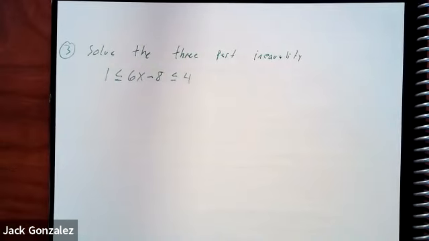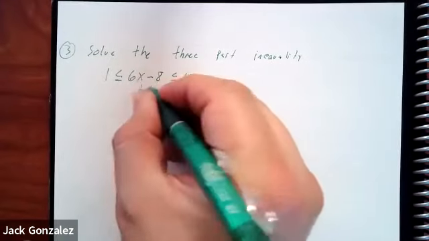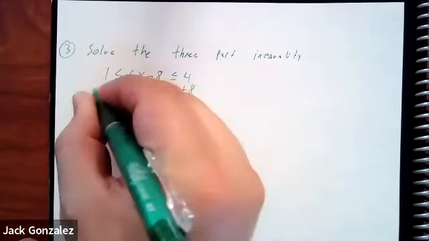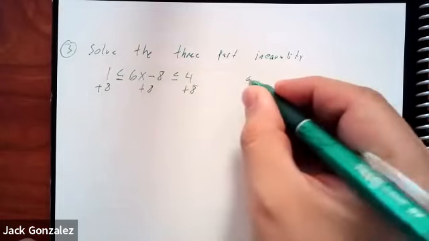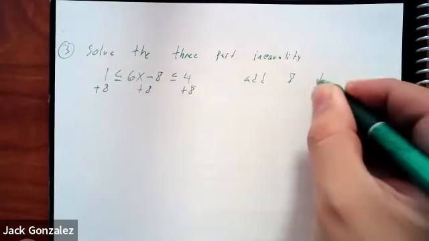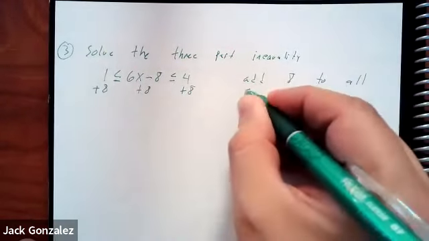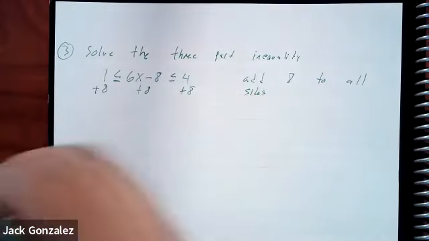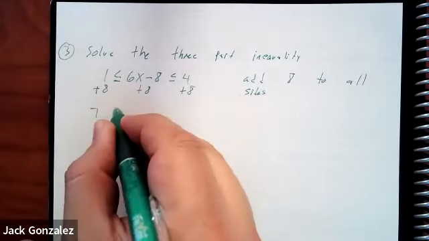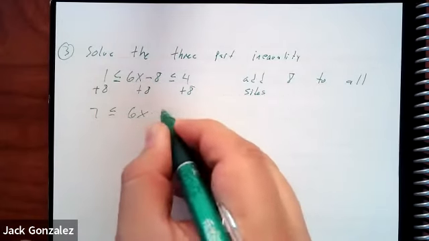Okay, so what would you guys do first? Focus on the center. Add the 8. Yeah, do +8 everywhere. Add 8 to all sides. So you get 7, less than 6x, less than 12.